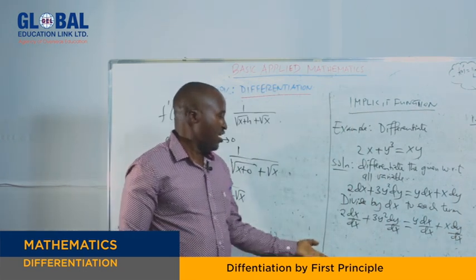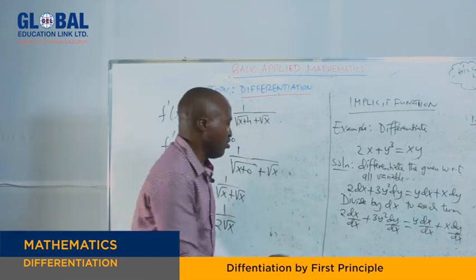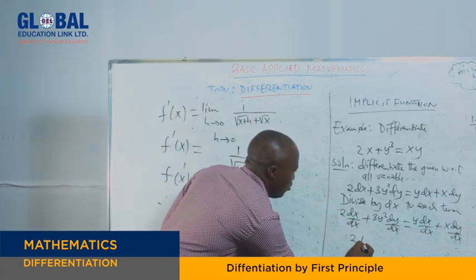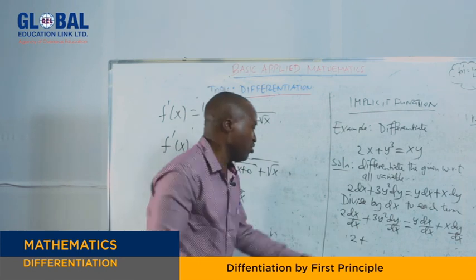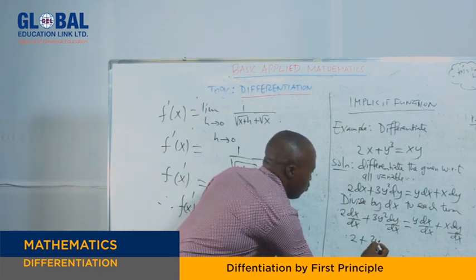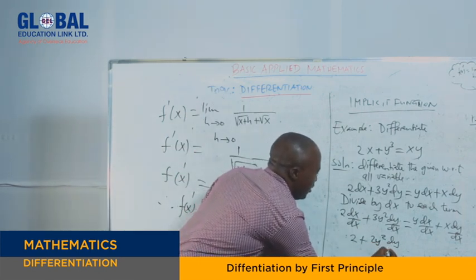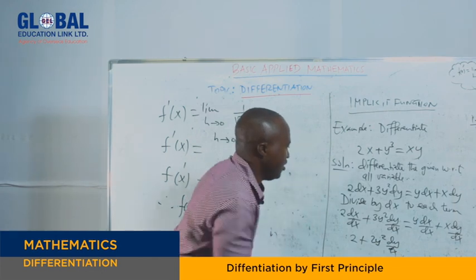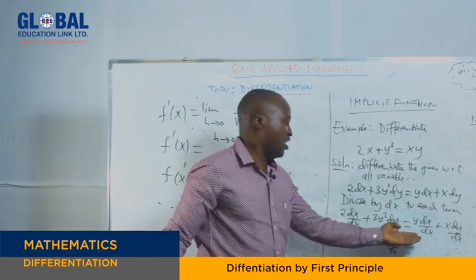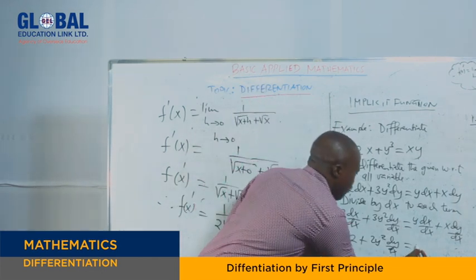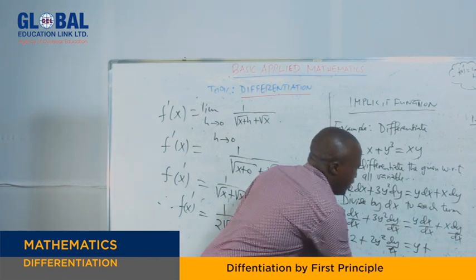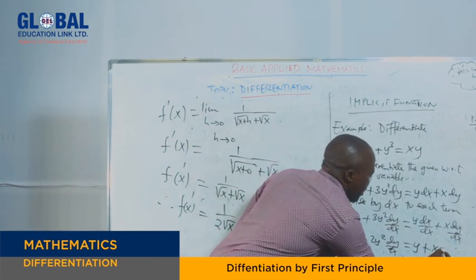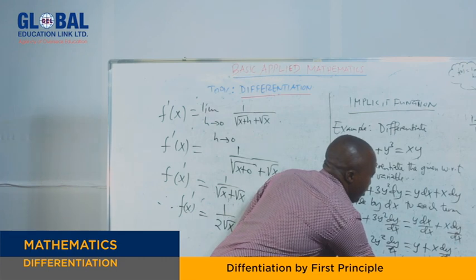Now you can see we have dx over dx. So here we are going to remain with 2 plus 3y squared dy over dx, which is equal to y plus x dy over dx.